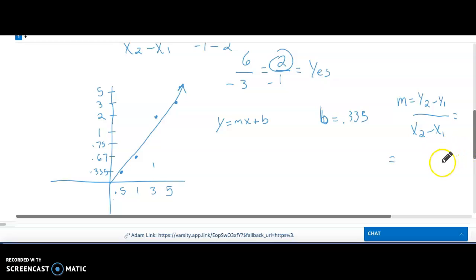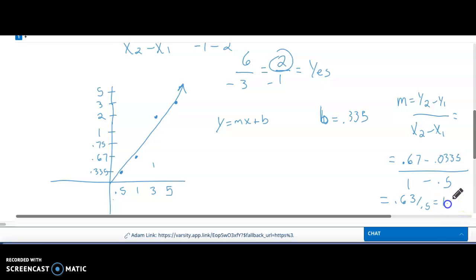All right, so here for our values, we can pick 0.67 and then 0.335 divided by 1 minus 0.5. 0.67 minus 0.335, that's 0.33 divided by 0.5, because 1 minus a half is a half.